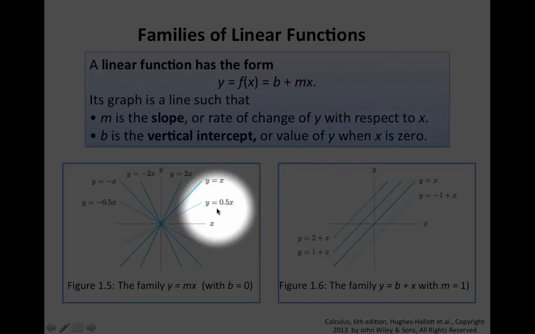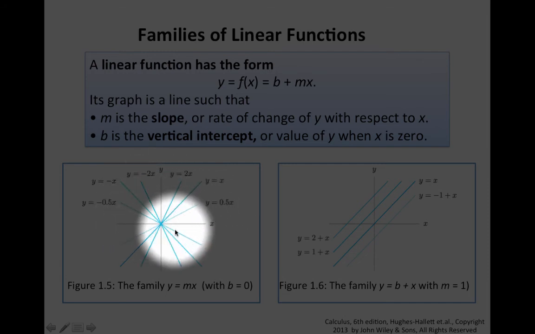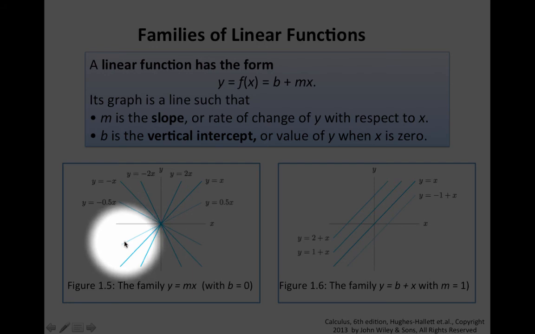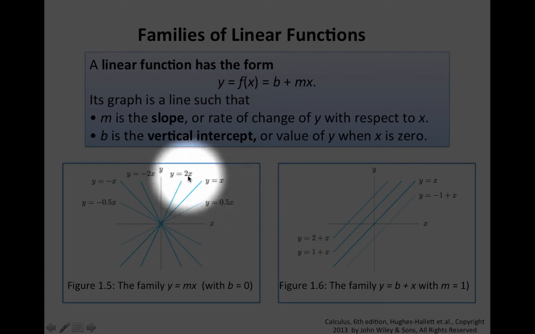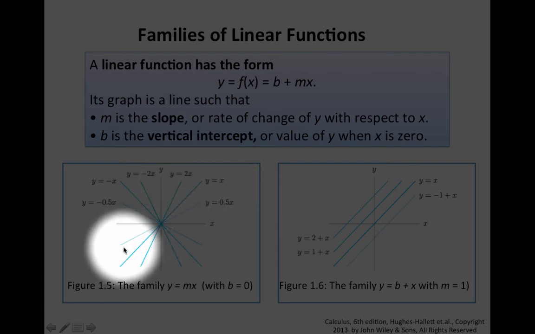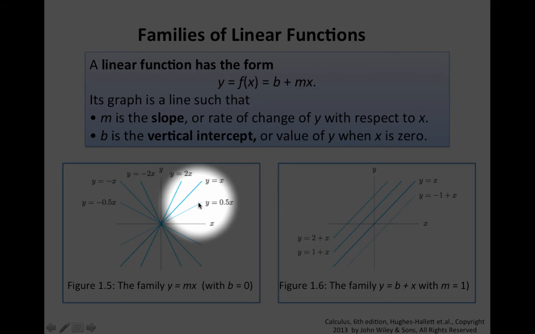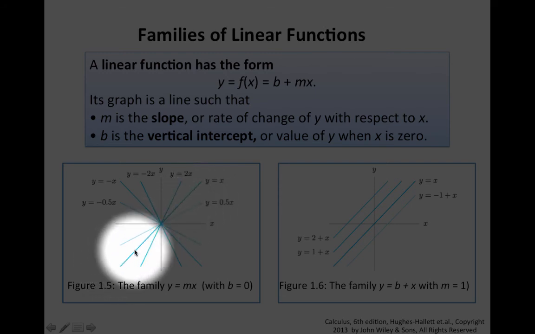All right, let's take a quick look at these. These are a family of functions, y equals mx. Notice that all the functions that have a positive slope, like 0.5 or 1x or 2, all those functions seem to rise as we move from left to right.